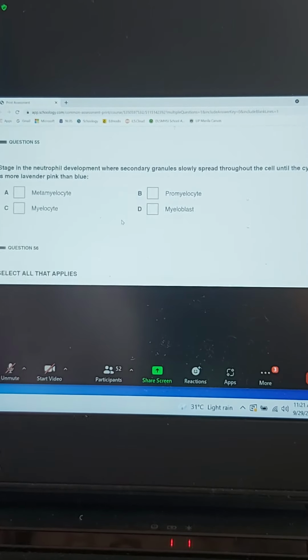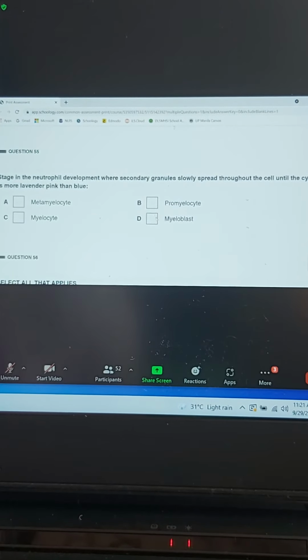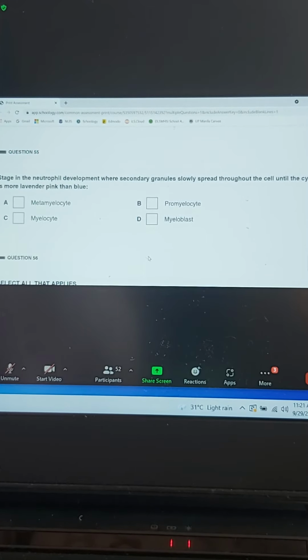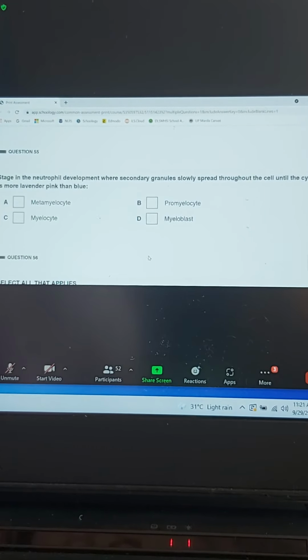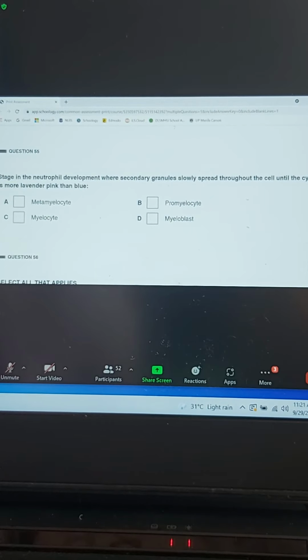And then 55, stage in the neutrophil development where secondary granules slowly spread throughout the cell until the cytoplasm is more lavender pink than blue. Is it metamyelocyte? C, myelocyte po.